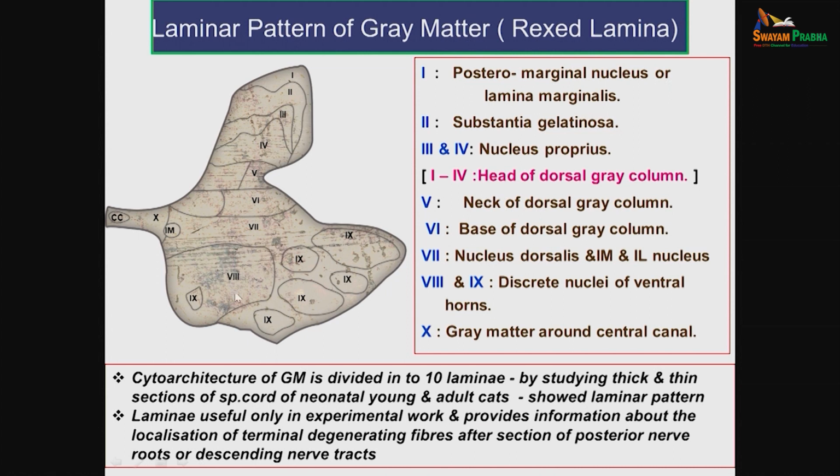Those are coming under the 8 and 9 lamina. 10 is grey matter around the central canal. I hope you remember that around the central canal, the grey matter, we called it as anterior grey commissure and a posterior grey commissure. So these are the various lamina which are present and it is called as Rexed lamina.